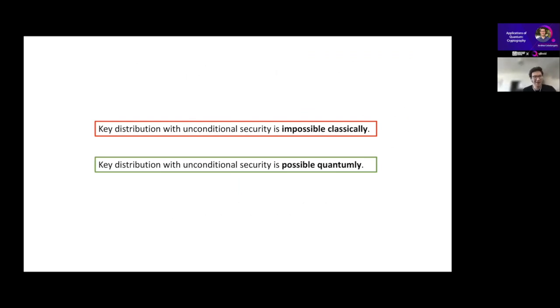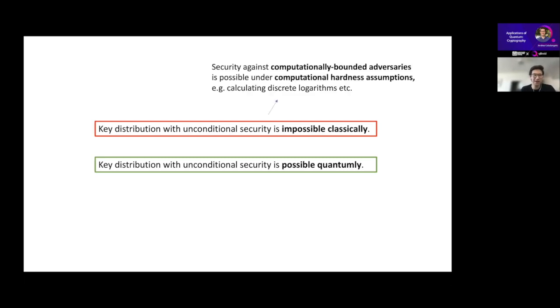Now, it's worth pointing out that if we're actually satisfied with security against efficient, so computationally bounded adversary, so not unconditional security, but let's say security as long as you don't have like a super huge classical computer or even quantum, you don't run it for like 1,000 years.